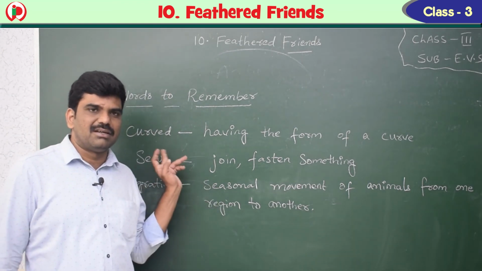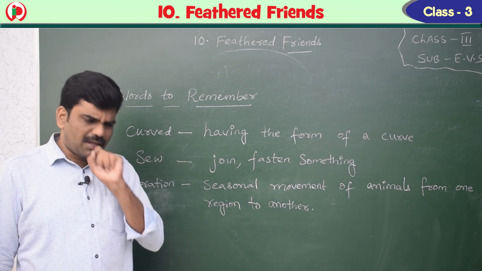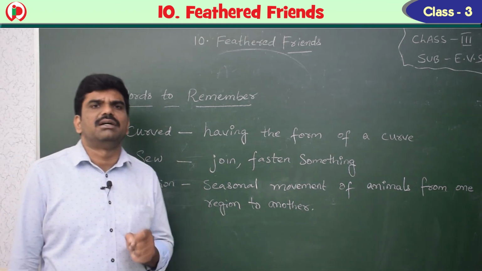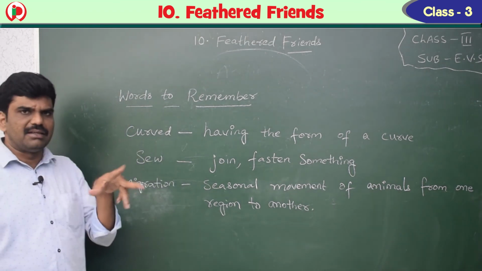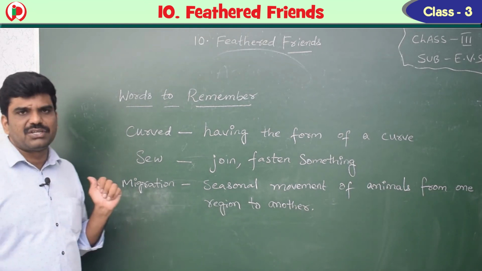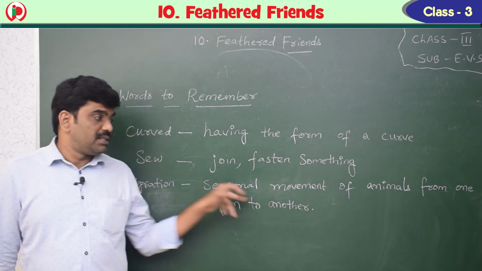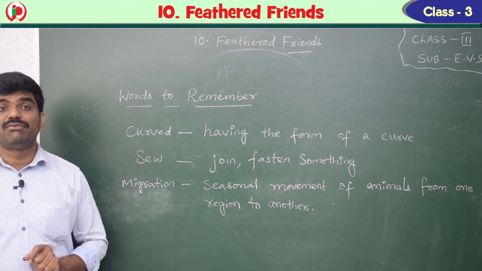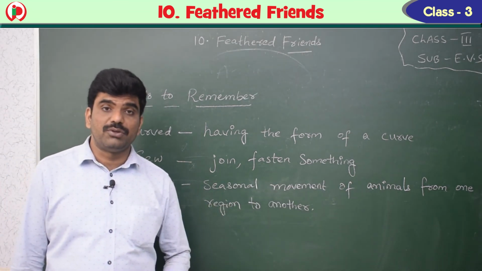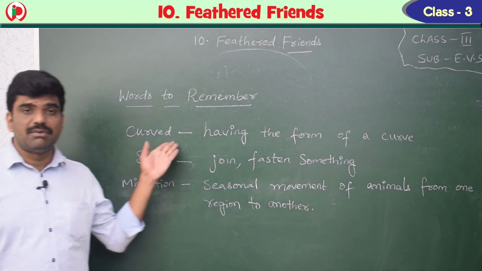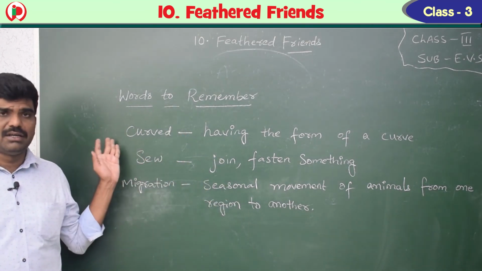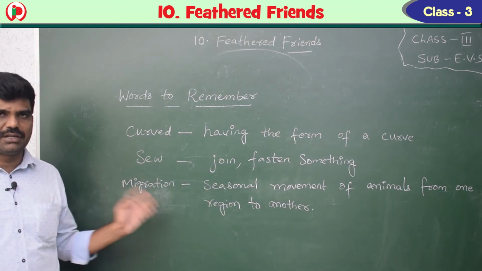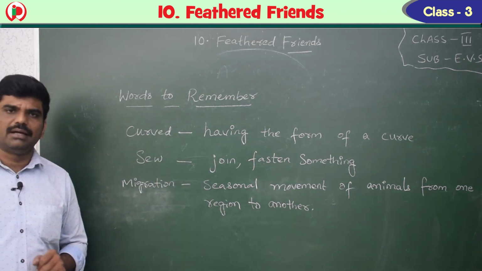This word you have come across in the tailor bird, to join the leaves. Migration, just now I told, seasonal movement of animals from one place to another in search of food, shelter and to reproduce. So these are the three words to remember. One is curved, sew and migration, and the meanings are here. Okay.